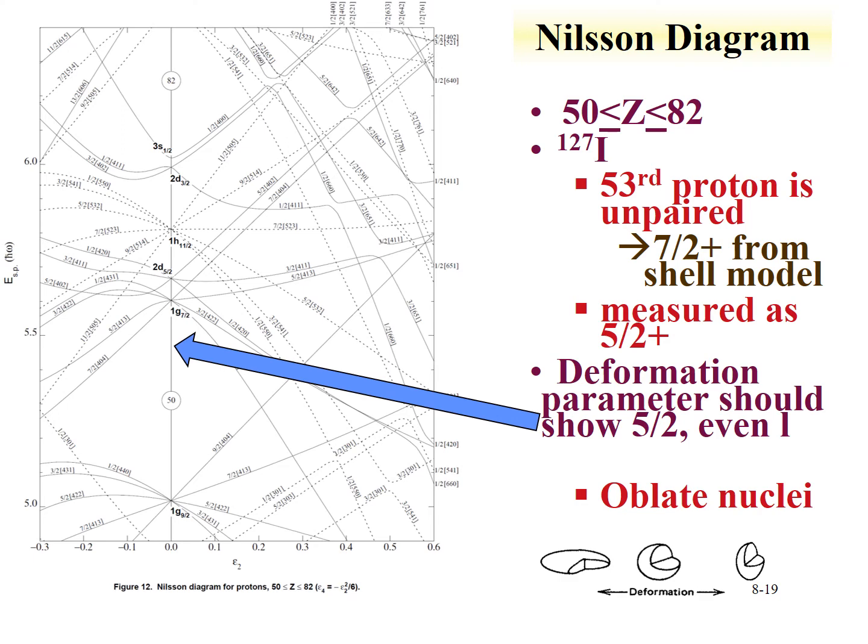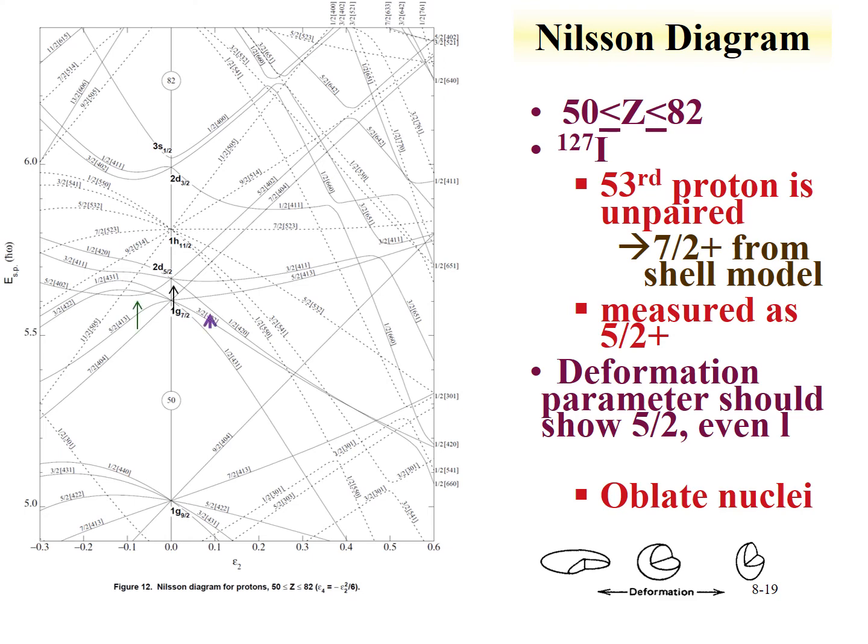That's the unpaired one. From the shell model, we would expect the spin to be 7/2 and the parity to be plus. The measured spin and parity for iodine-127 is 5/2 plus. So the deformation parameter should show 5/2 with an even L value.